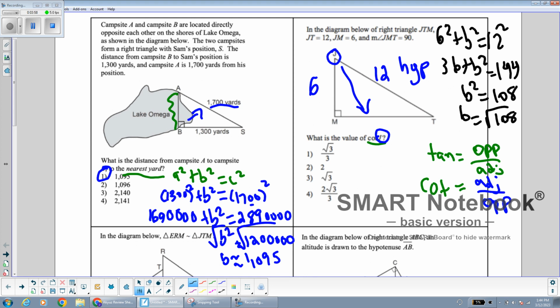And it's looking like 6 radical 3. Yes, 6 radical 3 is going to be simplest form. So b is equal to 6 radical 3. So let me put that here, 6 radical 3. That's the simplest form of radical 108.